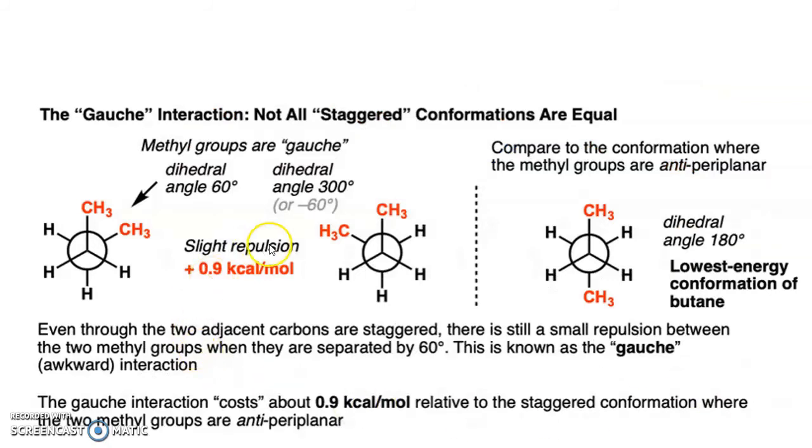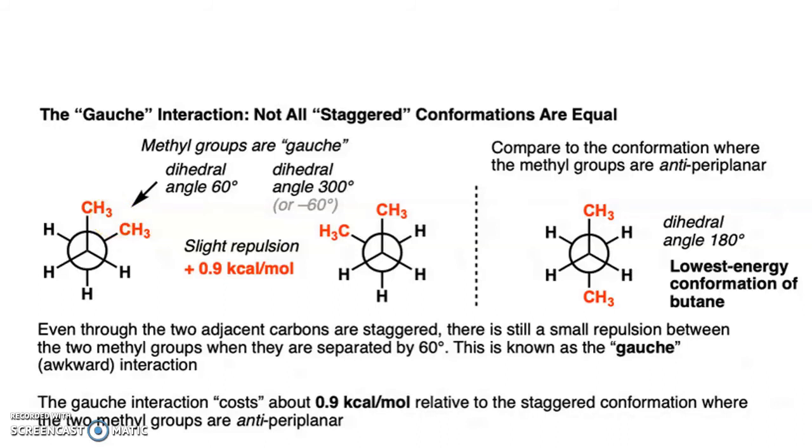Now when you come to the gauche conformation, the dihedral angle between the methyl groups is 60 degrees. Even though the bonds are anti to each other, so there will not be much torsional strain, steric strain is possible because these two methyl groups are placed near to each other. The distance between the two methyl groups here is almost 3.1 angstrom.